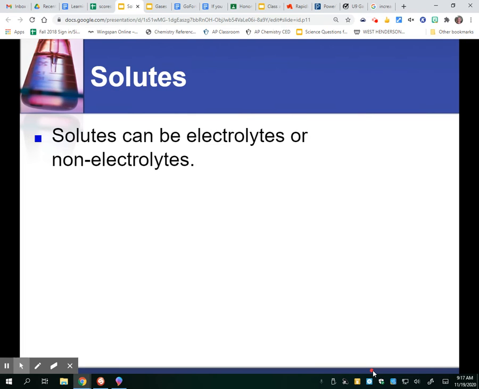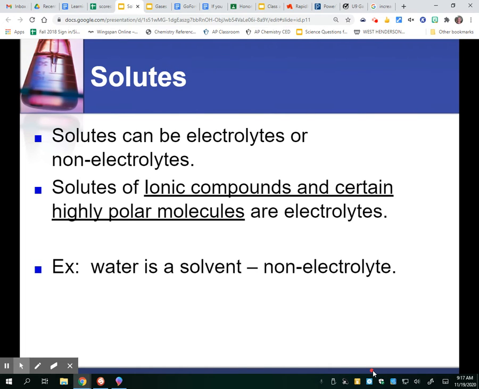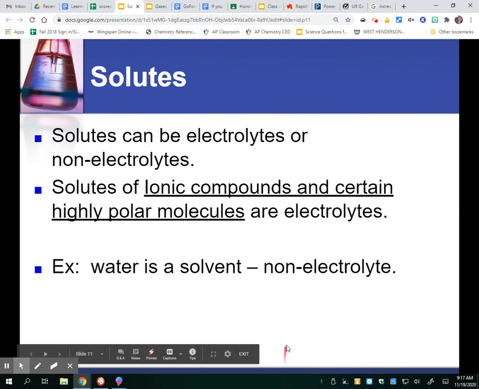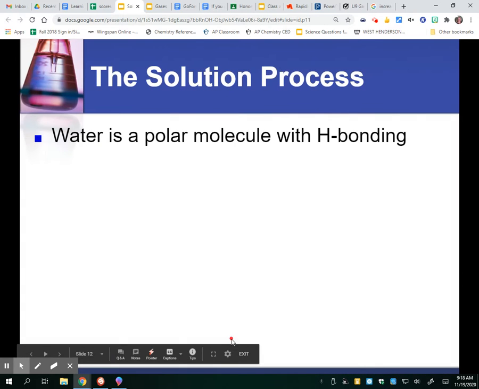You just have sugar molecules that are being separated from one another, and they're floating around neutral. So sugar water does not conduct electricity. Solutes of ionic compounds and certainly highly polar molecules are electrolytes. And water as a solvent is going to be a non-electrolyte. And only solutions of electrolytes conduct electricity.